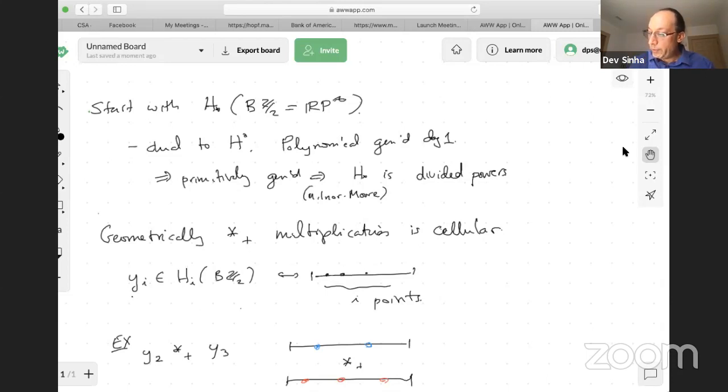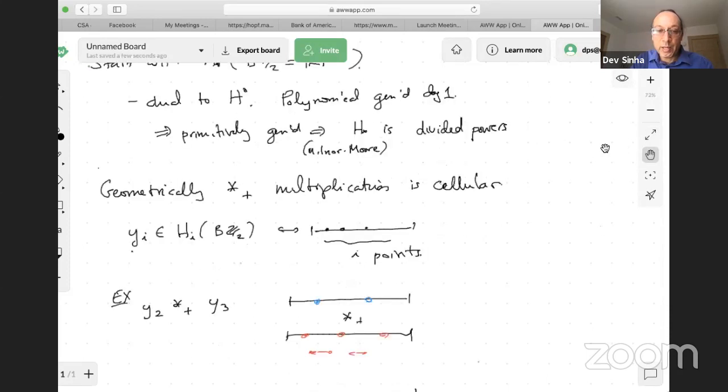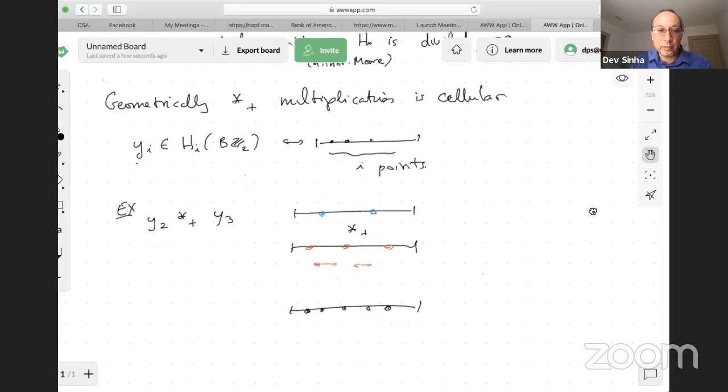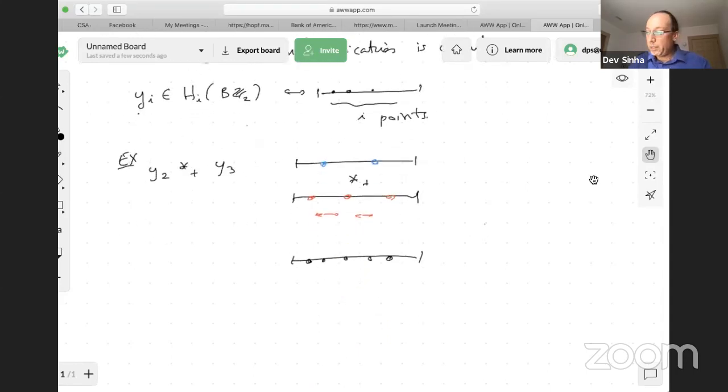But every point here is actually the image multiple times of things in the factors in the product.